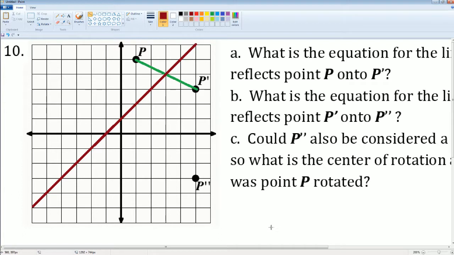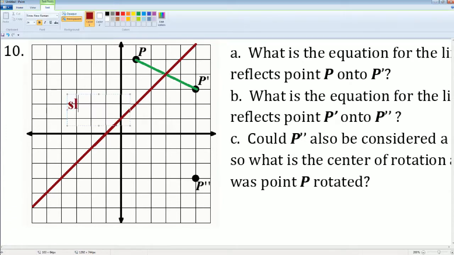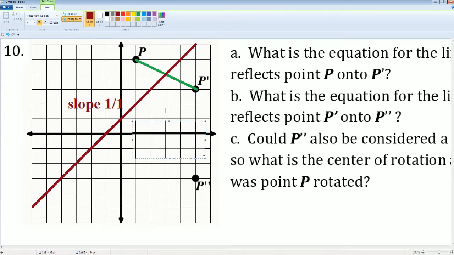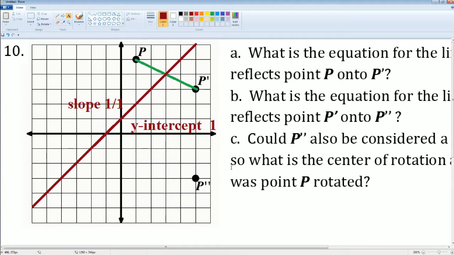Now we would like to look at this equation. We would say that the slope here looks like it's going up 1 over 1, and the y-intercept is equal to 1. So we can write our equation now.